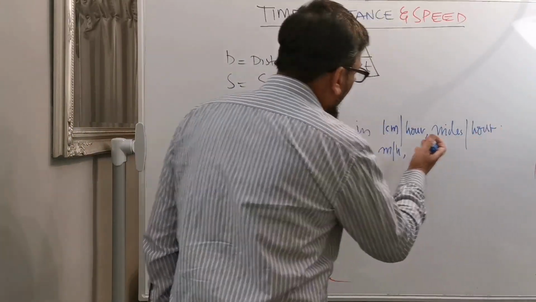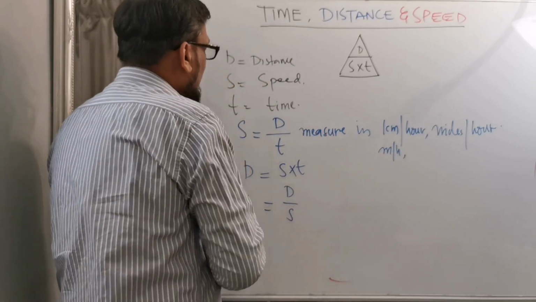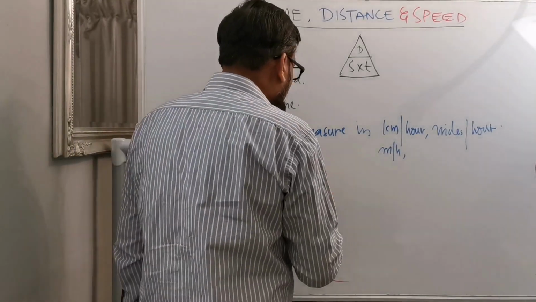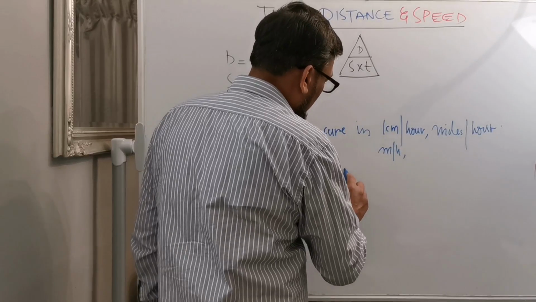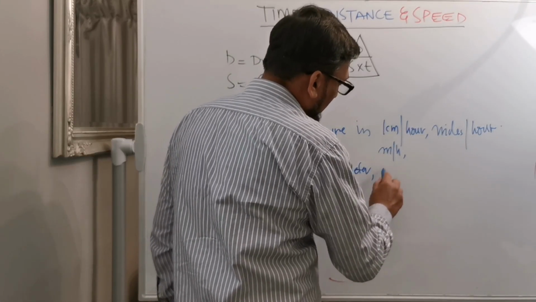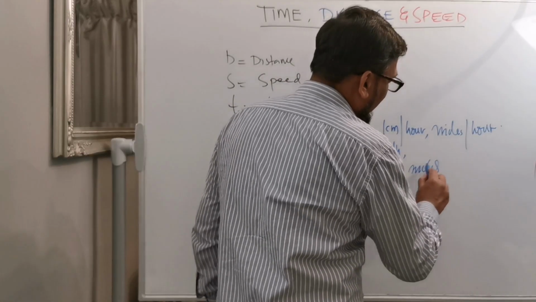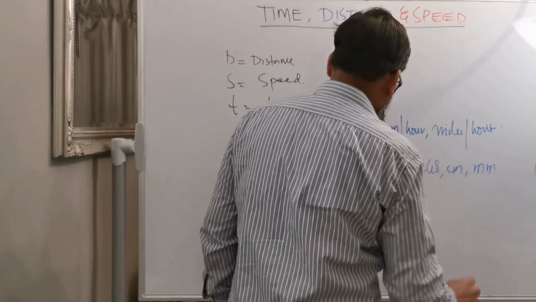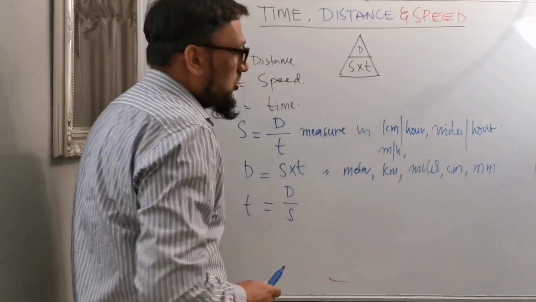So these are the units for speed. And distance can be measured in meter, kilometer, miles, centimeter, millimeter. So we can measure distance in these units, you must remember.